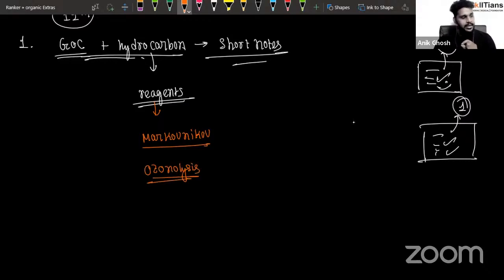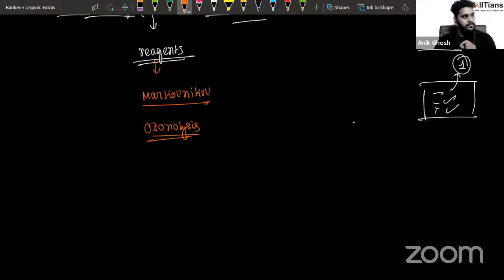Ozonolysis, then definitely go to the alkyne part. Okay, by the way, in between you have the conformers. Go through the conformers. Conformer means all those Newman projections, like the eclipsed structure, like the staggered structure. Go through them once.